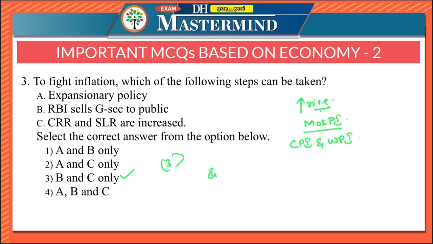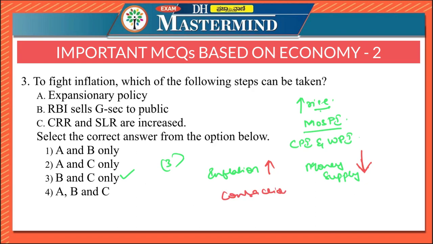So when inflation increases, money supply should decrease. Only then can inflation be controlled. Therefore, whenever we have to fight inflation, we have to make sure that the money supply in the economy decreases. So to fight inflation, contractionary policy is followed.